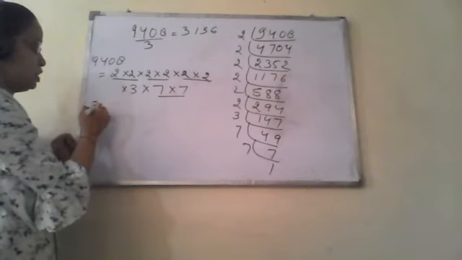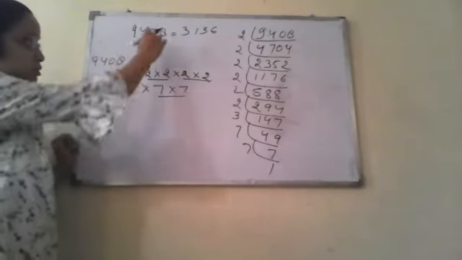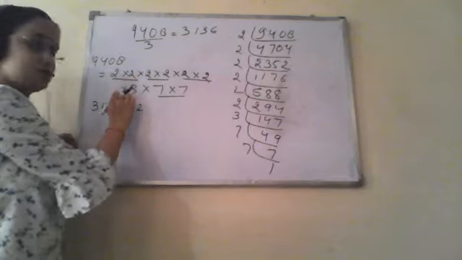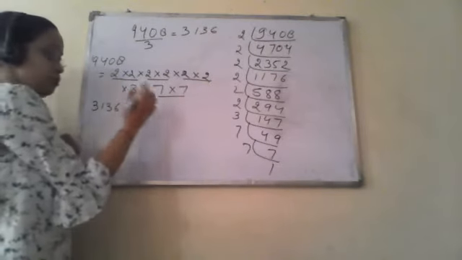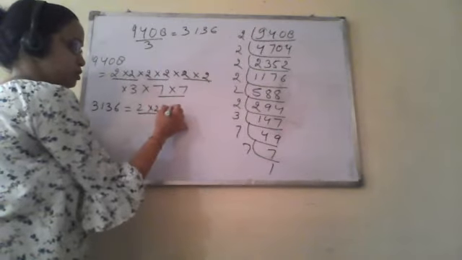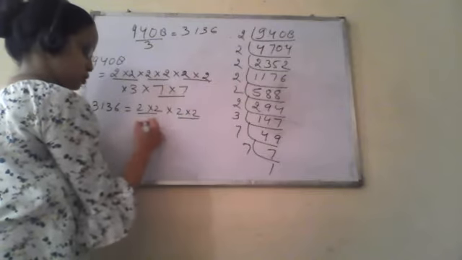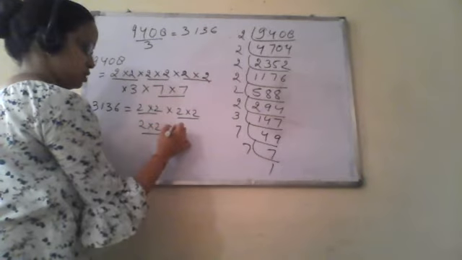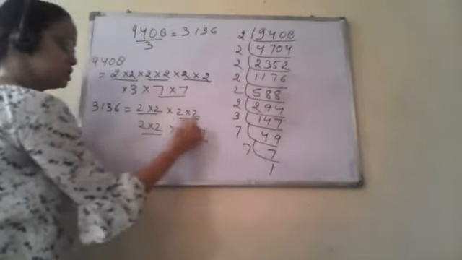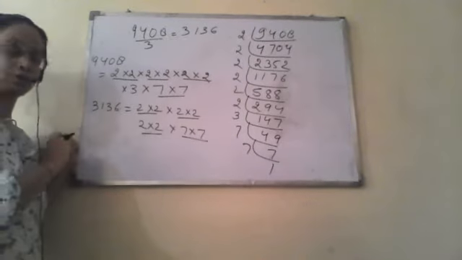So on dividing by 3, this 3 will be removed, and these will be the factors of 3136.